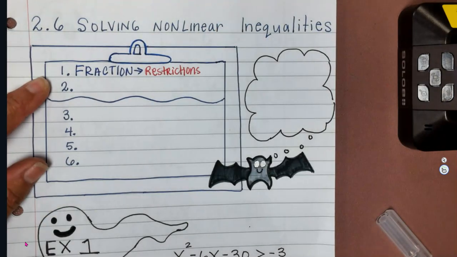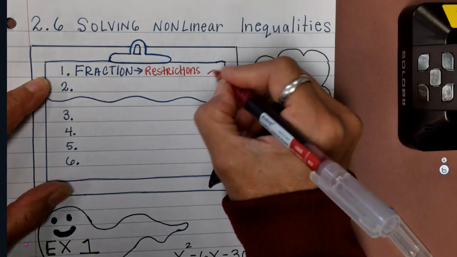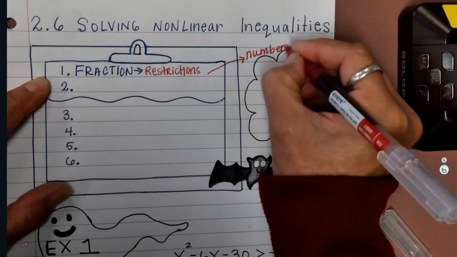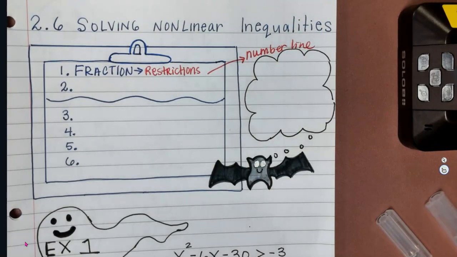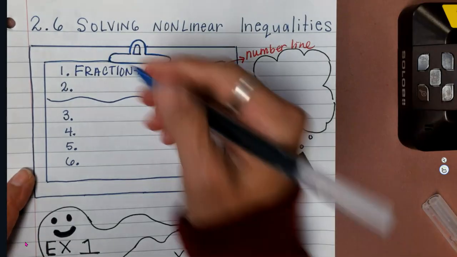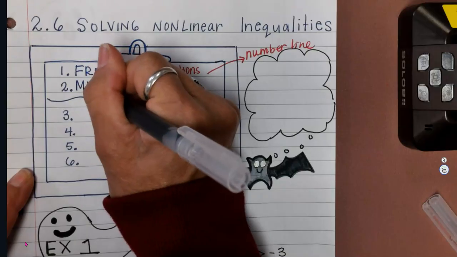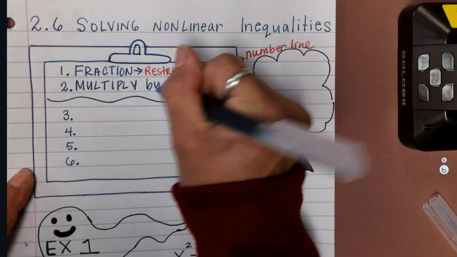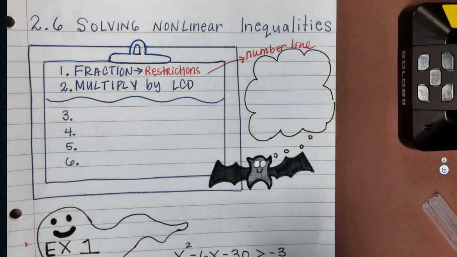I pluraled because there may be more than one. And don't you forget that restriction is going on that number line. The second step is, well, it's a fraction, so get rid of the fraction. So the second step is to multiply by the LCD. And then once you do those 2 steps, the rest is the same for every problem.